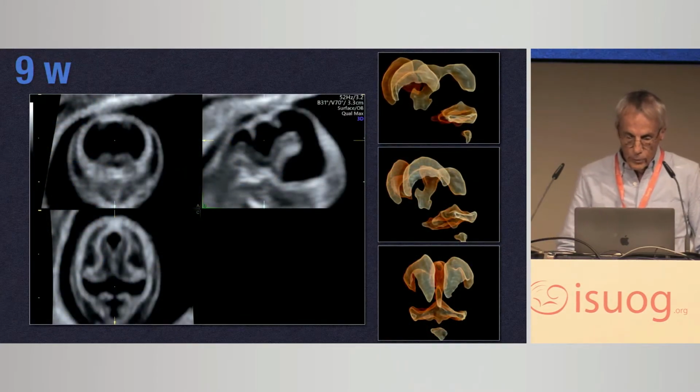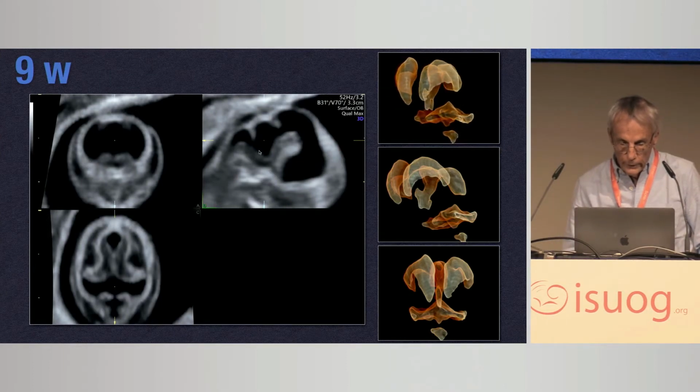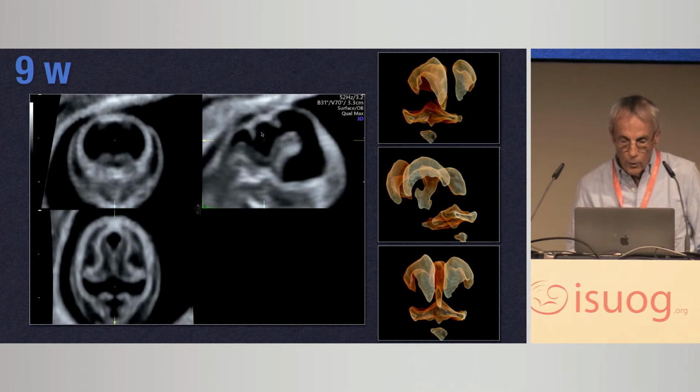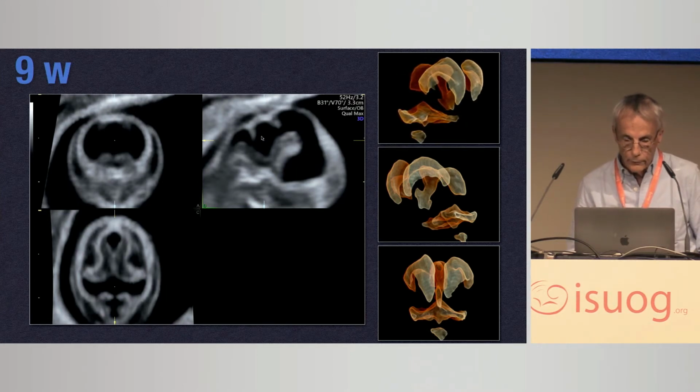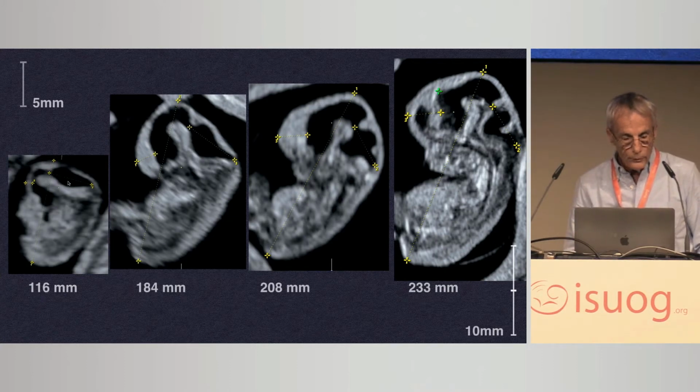At 9 weeks of pregnancy, you can see here the folding of the rhombencephalon, and the upper part, we will see it later, will give the fourth ventricle. And if you look at this during 10 days, that means from 7.5 weeks to 9 weeks, the development of the brain cavity on the sagittal plane, and this is the rhombencephalon.